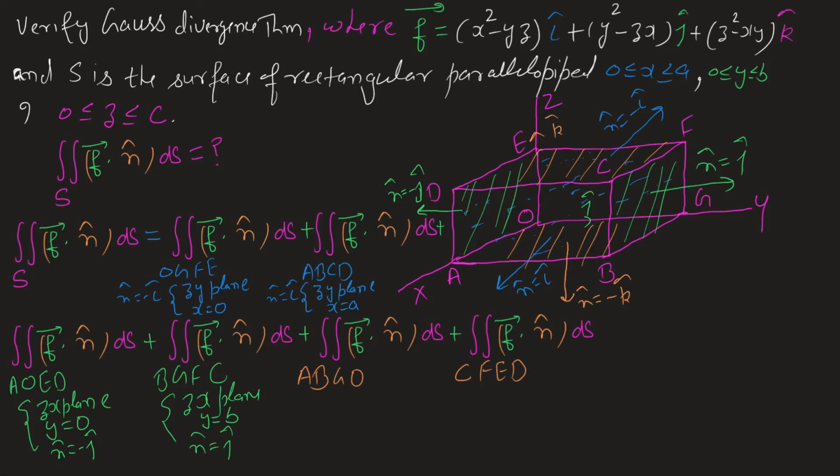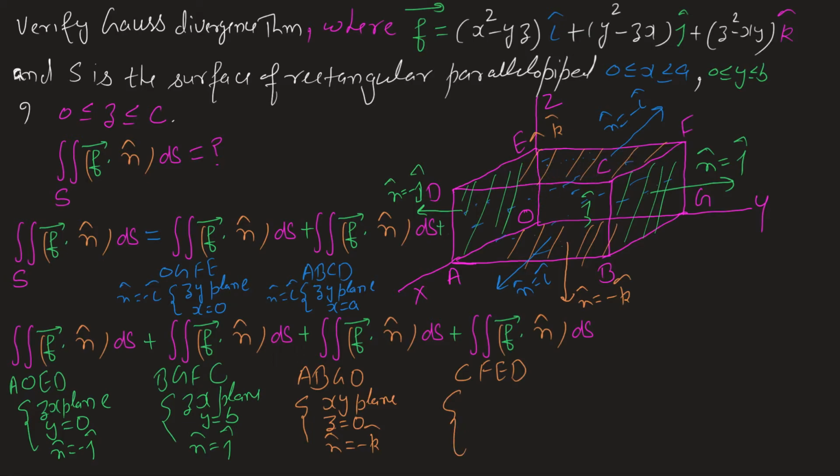This is the xy plane, and here n cap is equal to minus k cap, and in this xy plane z is equal to 0 over here.